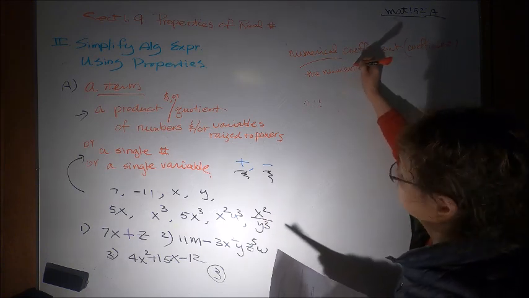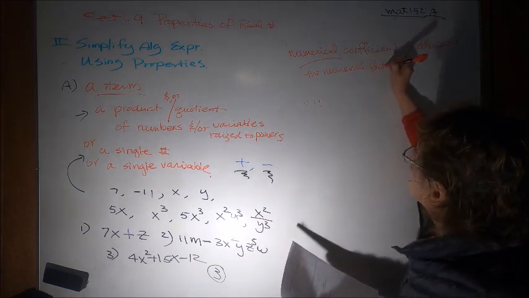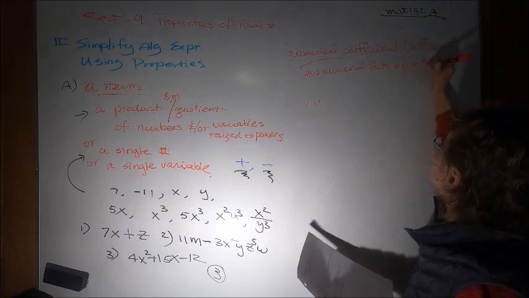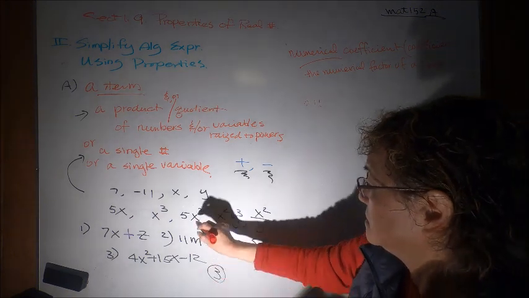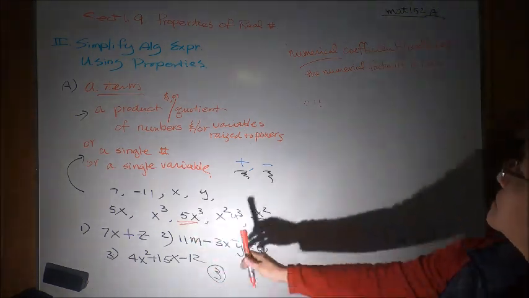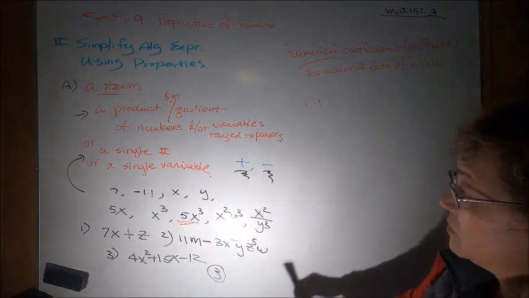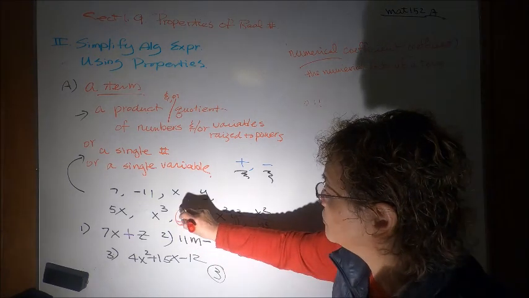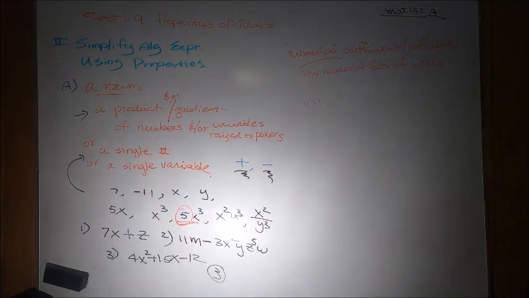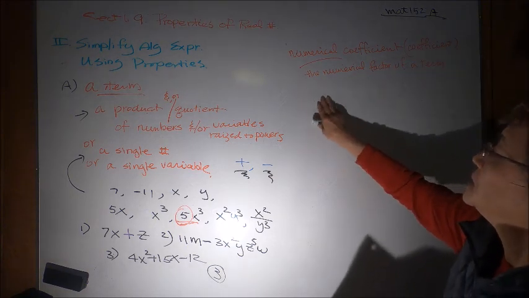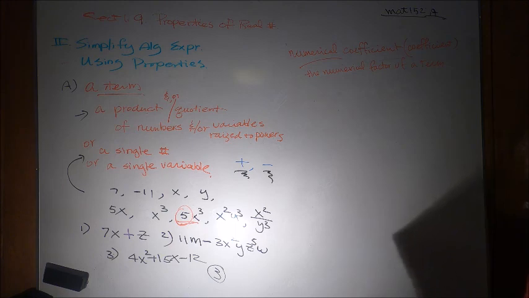Numerical factor of a term. Right? If like this, okay, 1 term, then which part is the number in front of variable 5? So that would be its what? Coefficient, numerical coefficient. So first we identify them, we introduce the concept, and we identify them first.